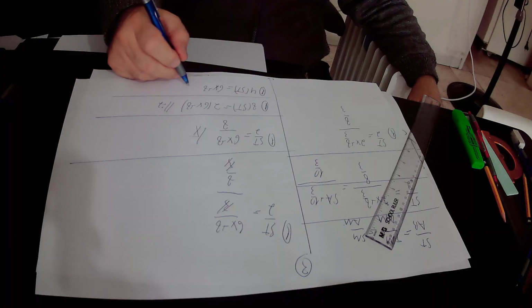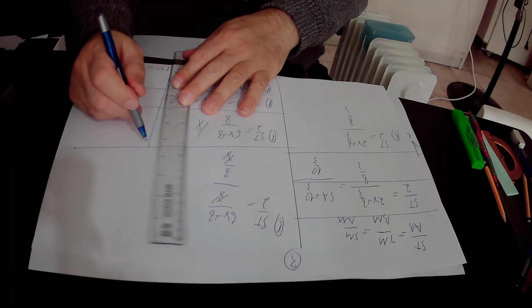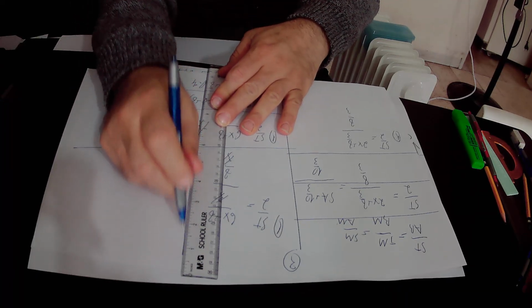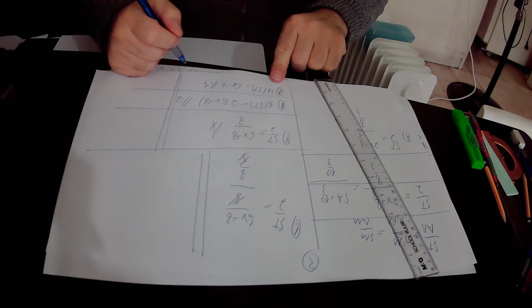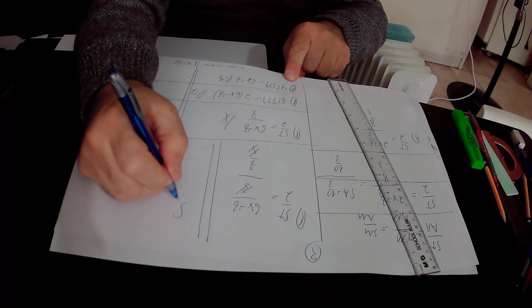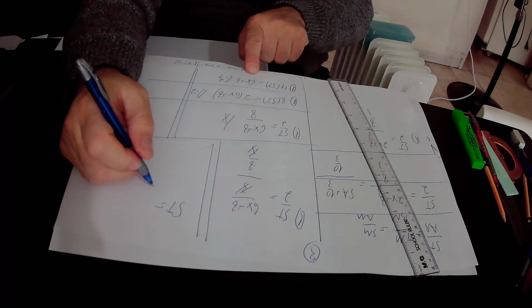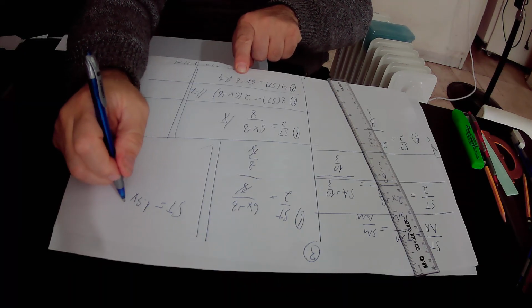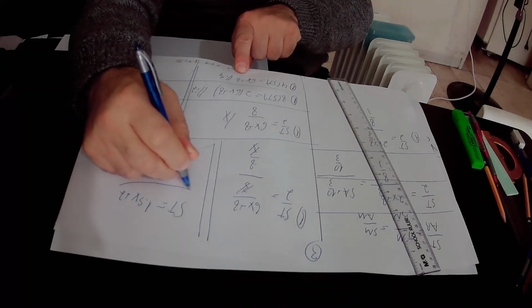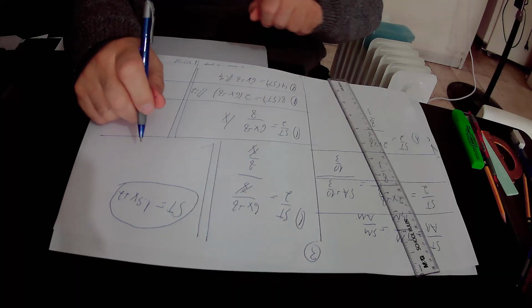Here we will divide this equation by 4. And finally, we get that ST equals 6x over 4, which is 1.5x, plus 8 over 4, which is 2. So in conclusion, the length of line segment ST is 1.5x plus 2.